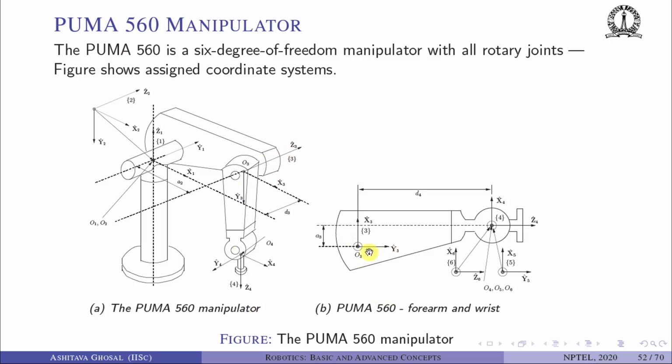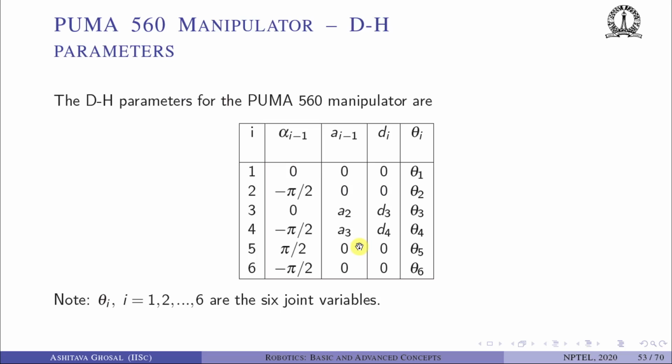So Z3 is going into the page here, Z4 is going on the right side here along this axis, and we have to find the angle between Z3, which is into the page, and Z4, which is like this. So again you can see that we have to rotate by 270 degrees, or minus pi by 2. Okay, so this is minus pi by 2.